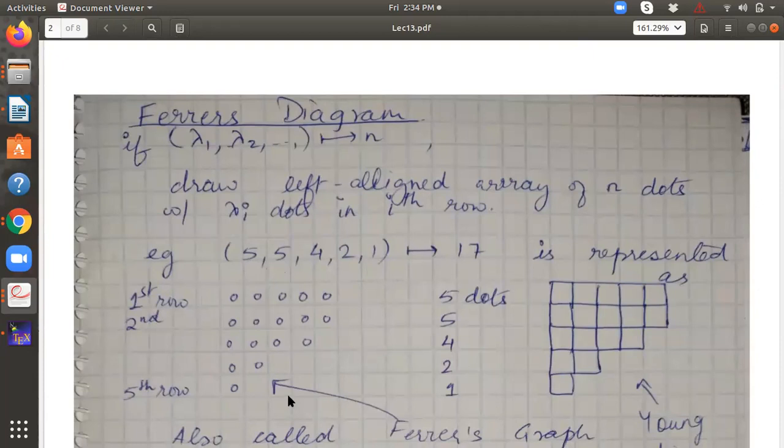And now when you see this diagonally, then this is what you see. So you will see a 5, 4, 3, 3, 2. Correct? That will be your lambda prime.